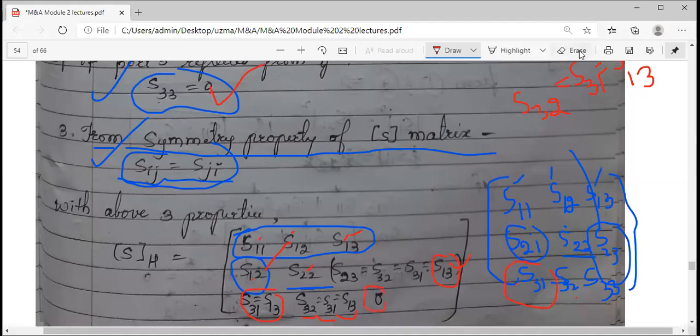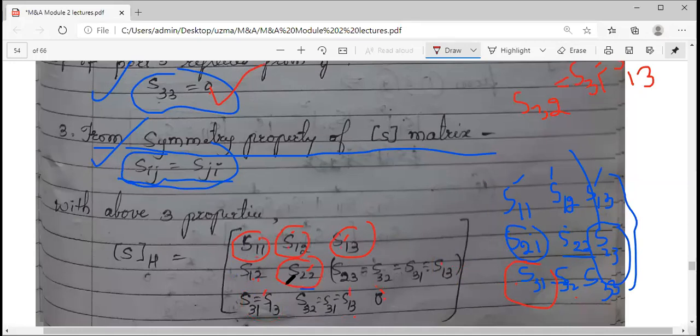I have substituted. So you can just list how many unknown values we have to find. Just list out 1, 2, 3. This is repeated. 4. This is also repeated. 0.